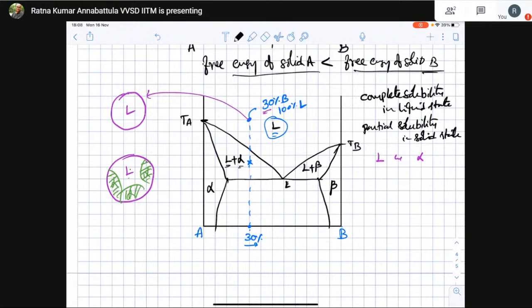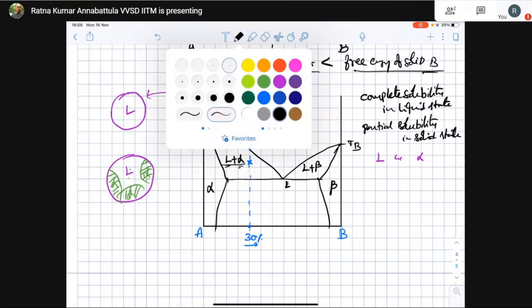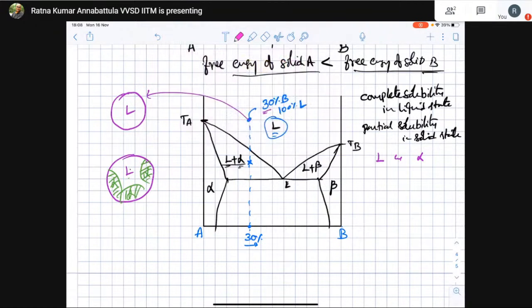Okay. So then what you do is you draw a tie line. So let me draw it with a different color. And then on this tie line, let us say this is point O, and this is P, and this is Q. Okay. And now this tie line is hitting the liquidus at point Q. Wherever it is hitting the liquidus, you draw a vertical line, and whatever may be the percentage, let us say this is 40%.